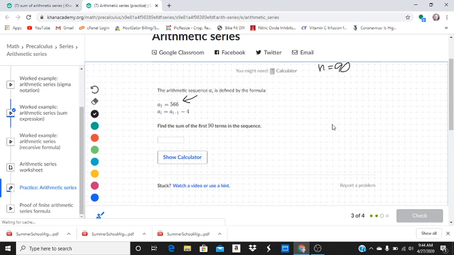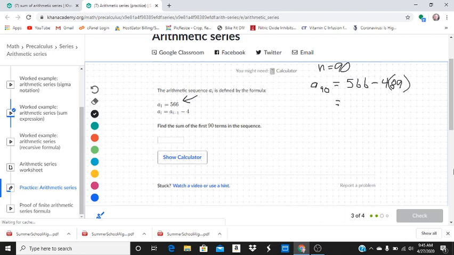To get the last term, the 90th term will be the first term, 566, and we're going to subtract off 4, but not 90 times, but 89 times, because you don't subtract the 4 off for the first term. That's going to give us our last term.